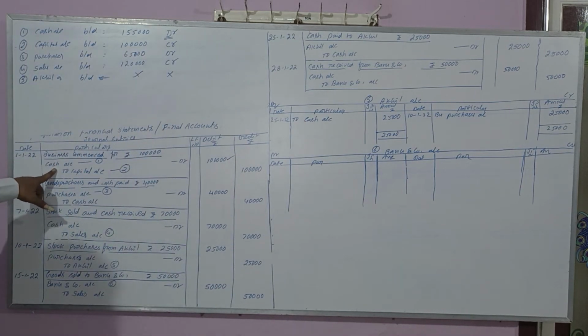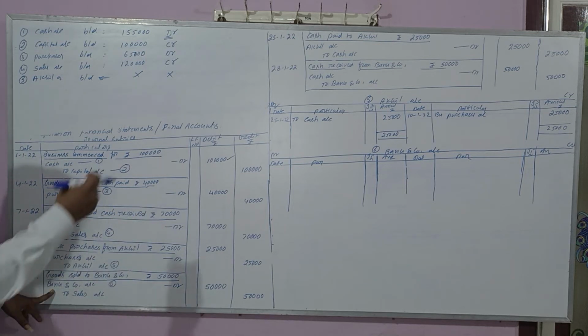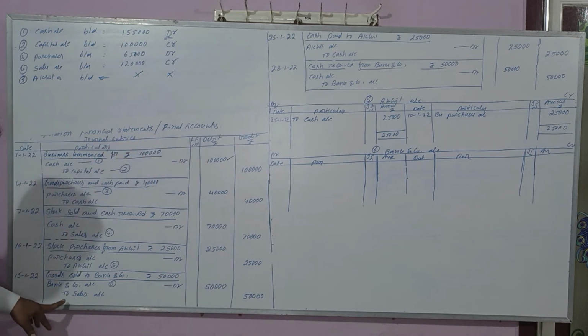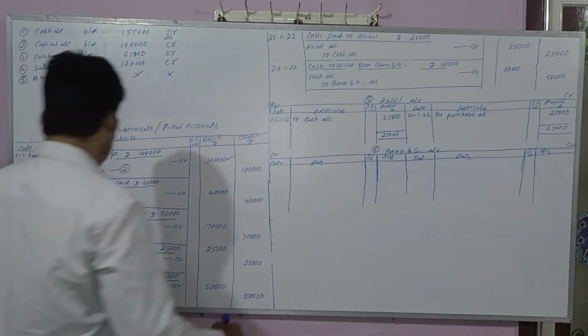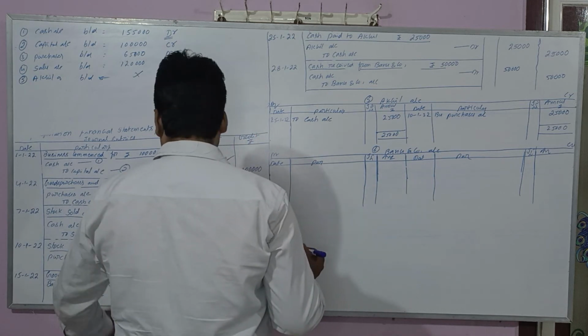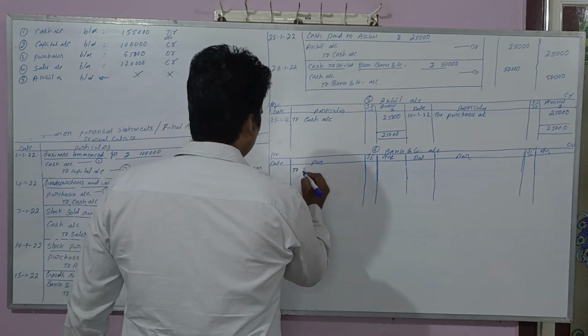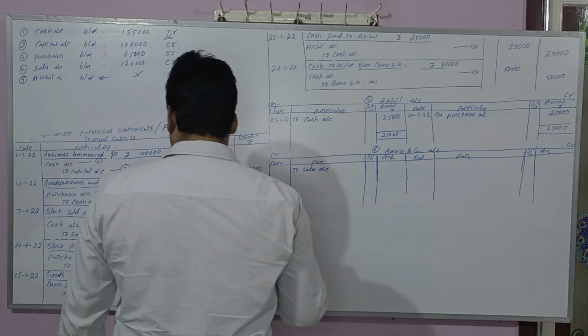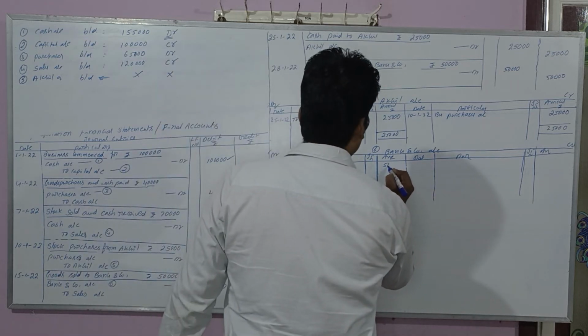In the first entry there is no Bonu account, second entry no Bonu, third entry no Bonu. Then on 15th date, entry is Bonu account debit to sales account. Bonu account is placed at debit, so we enter into debit side, but write to sales account. The amount is 50,000.